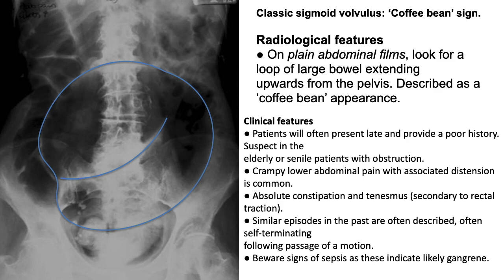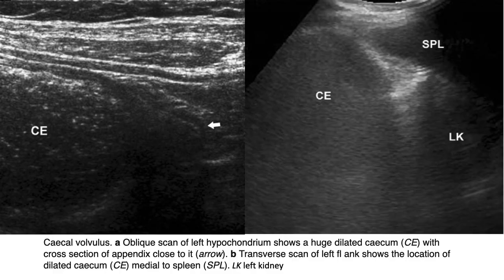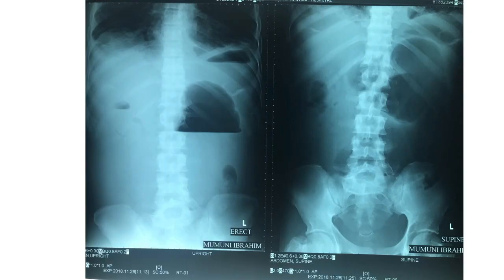Okay, so this is an ultrasound of a patient with a volvulus of the cecum, which is not too common, but you can see maybe 2 or 3 cases during your life when you pass by your rotation in surgery. Okay, so this is an example.